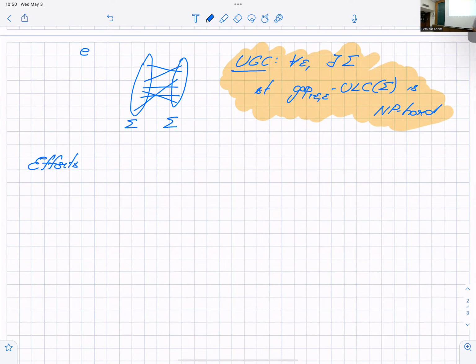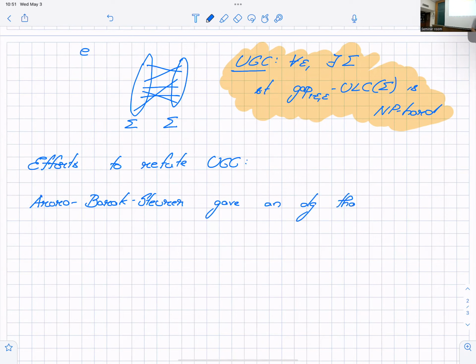Efforts to refute UGC: ABS, Arora, Barak and Steurer, gave an algorithm that runs in time 2 to the n to the epsilon prime.